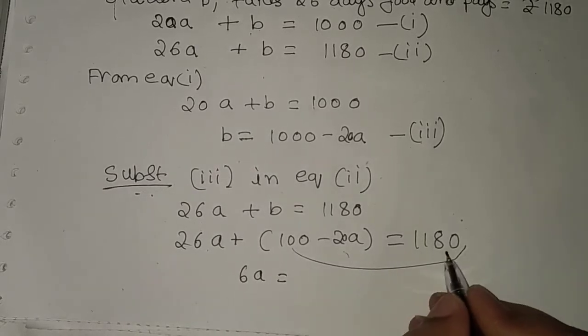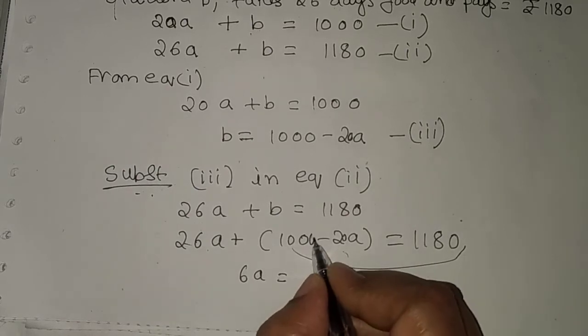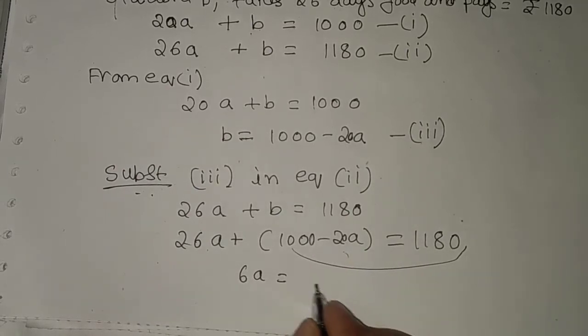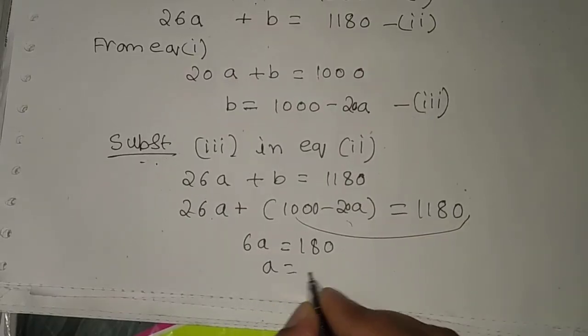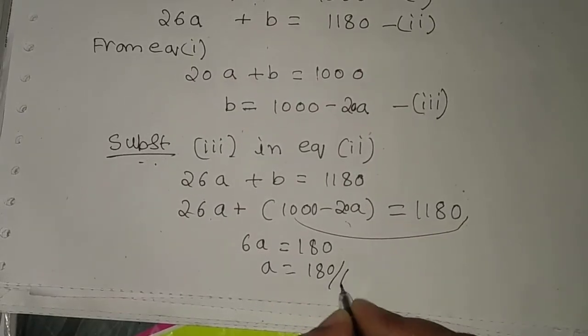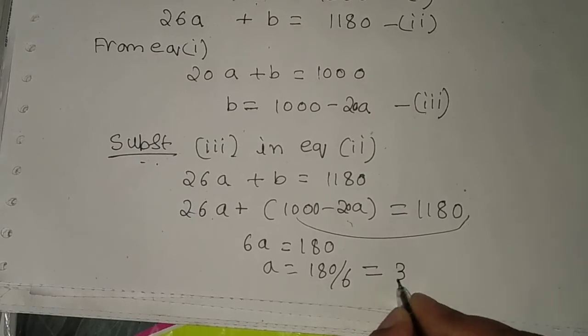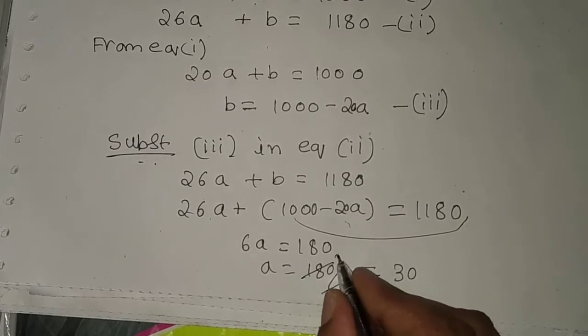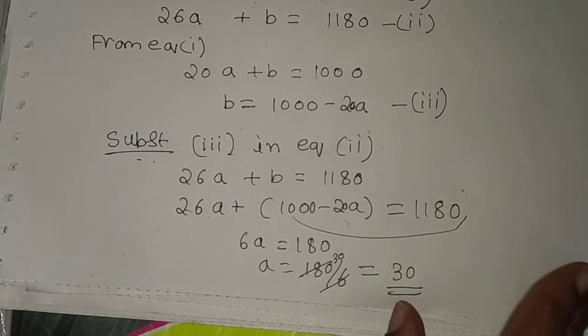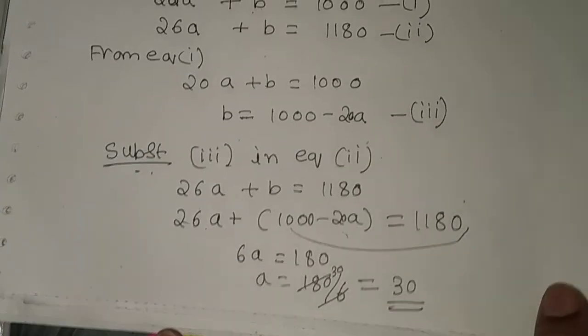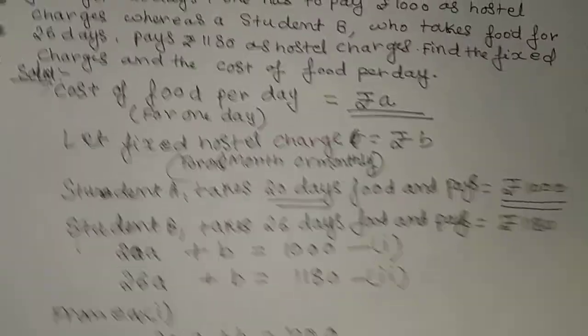Then 1180 minus 1000 will become 180. Where we get a is equal to 180 by 6, which is equal to 30. 6 threes are 18, 6 ones are 6, so 30. So we are getting a is equal to 30. We will continue the problem.